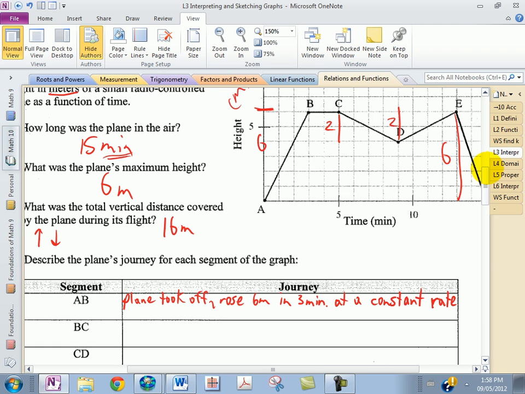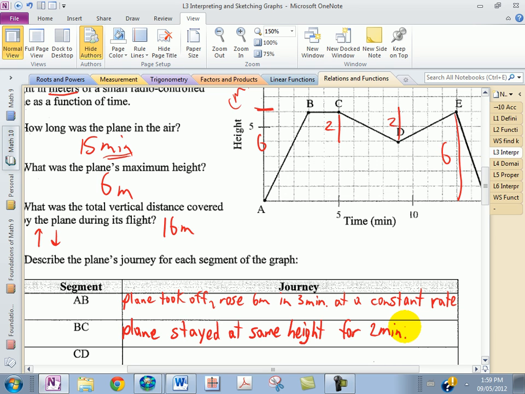Yeah, it went at a constant height. Okay, so it stayed at the same height. So plane stayed at the same height. For how long? 2 minutes. Straightforward and basic.